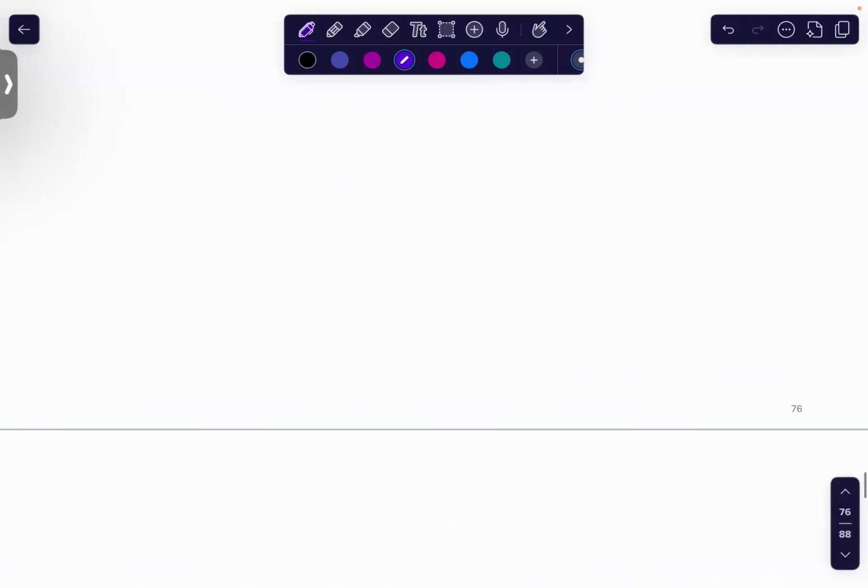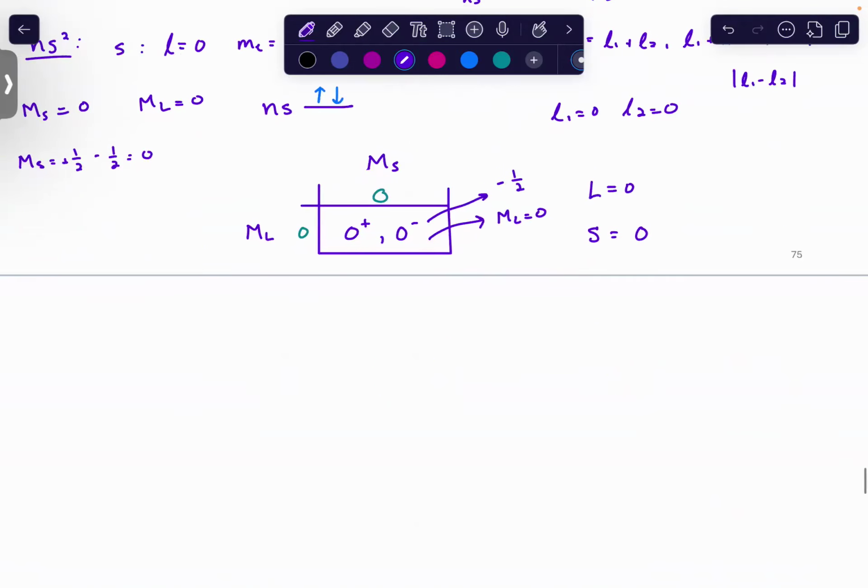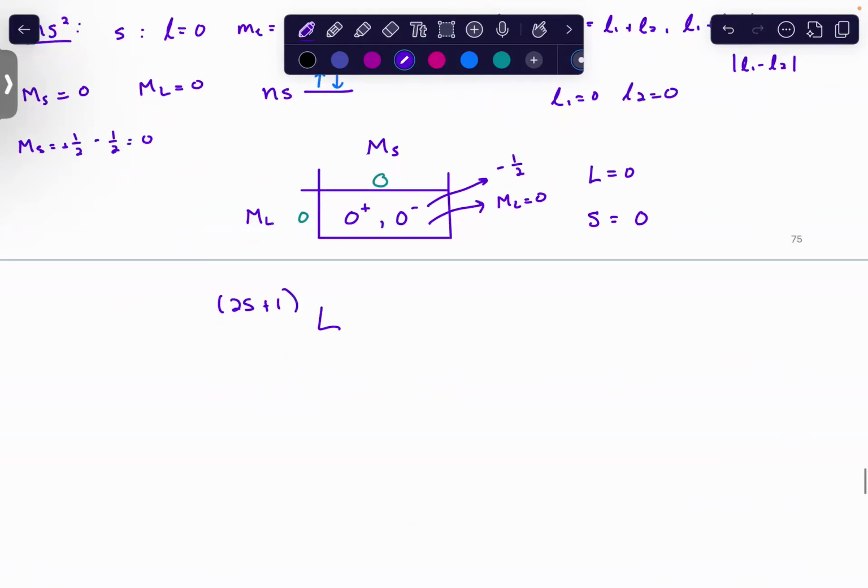We found out that L is 0. So what is 2S plus 1? 2 times 0 plus 1, that's 1. And so we end up with a 1S for our term symbol.